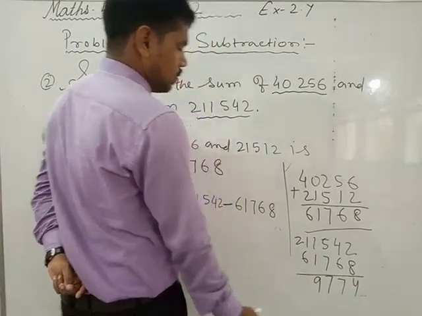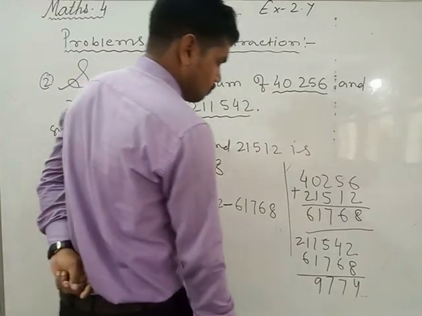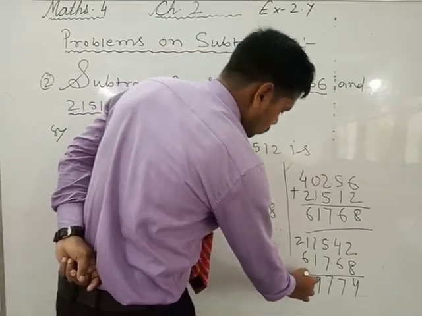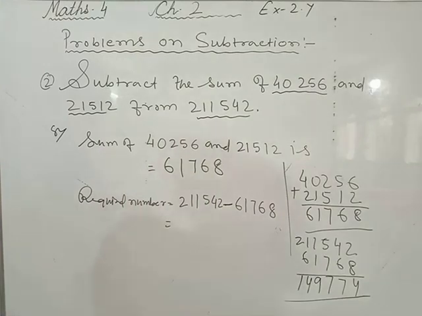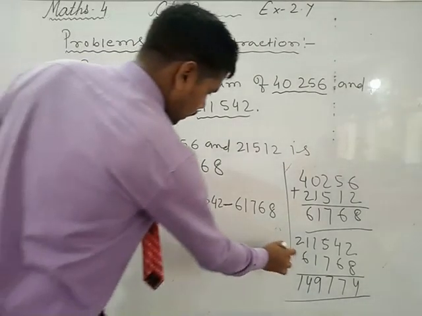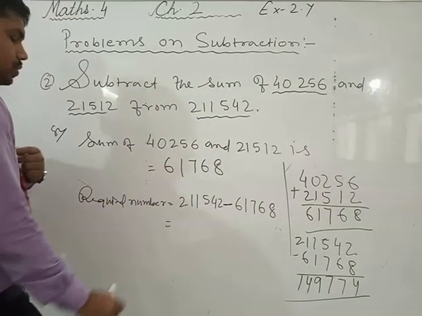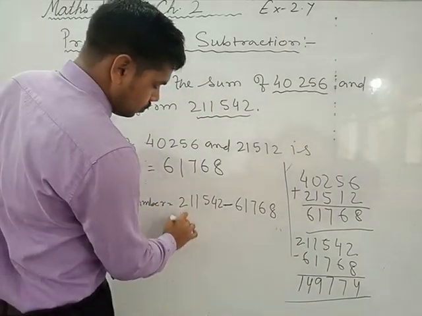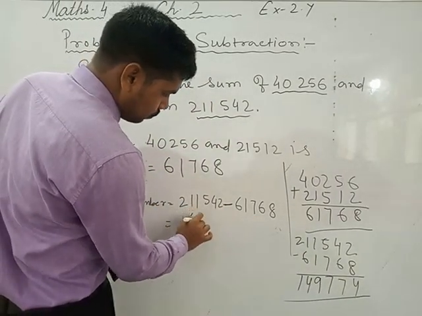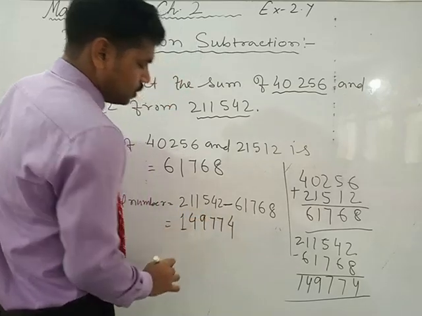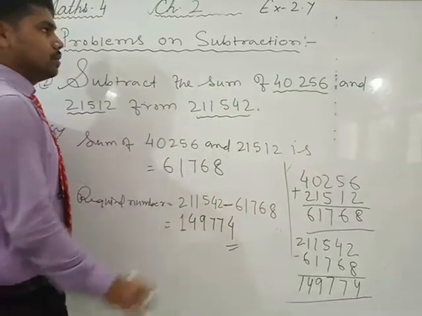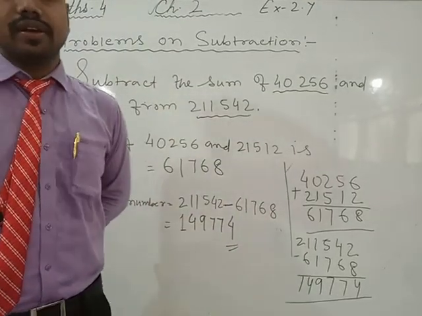So 7, 4, 1. So 1497774. Subtraction sign you have to give. So required number is equal to 1497774. This is how you can solve question number 2 of exercise 2.7.